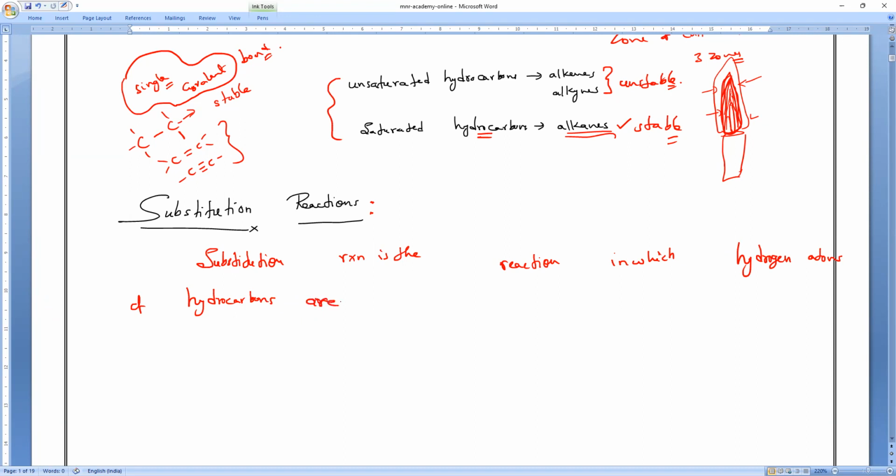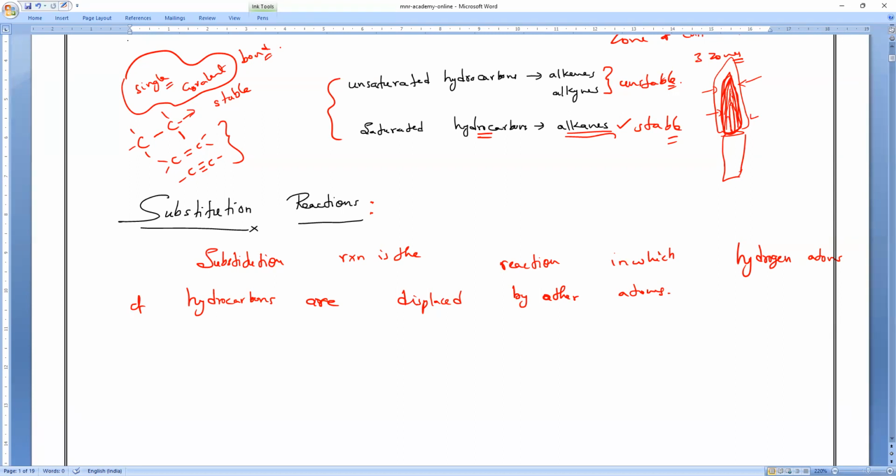Understood? That's all, right? Just we are replacing one hydrogen with another atom. That is what we used to call a substitution reaction.